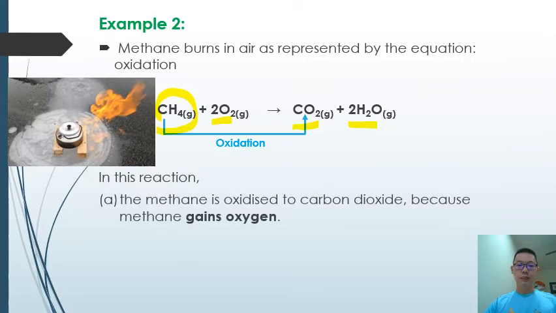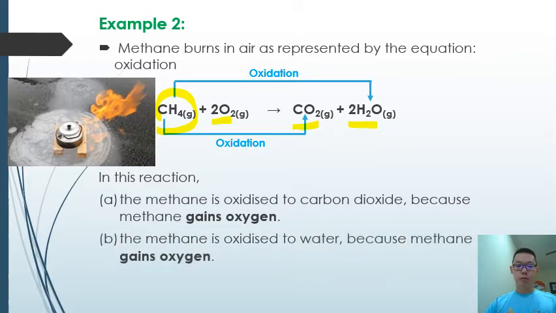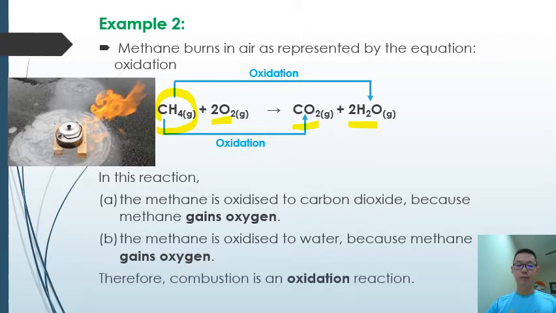So we say methane is oxidized. At the same time, the hydrogens in the methane molecule also gain oxygen to form water molecules. So again, methane is oxidized because methane gains oxygen. Therefore, combustion of methane is an oxidation reaction.